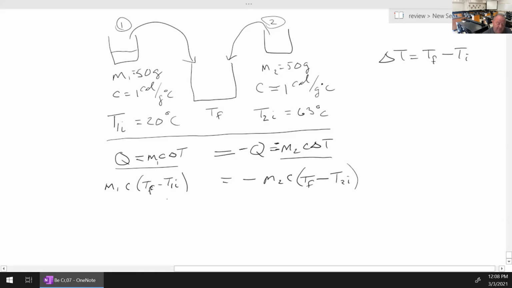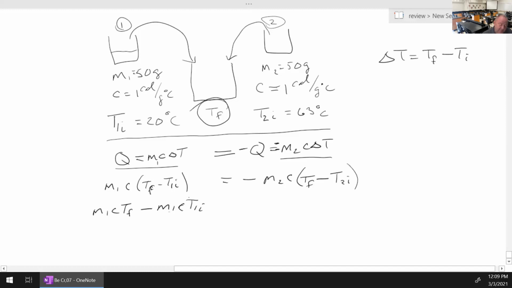Let's think about what we're trying to find, and we want to isolate TF in this relationship here. So to do that, I'll need to distribute the M's and C's through those parentheses and regroup things. So I've got M1C TF minus M1C T1I.